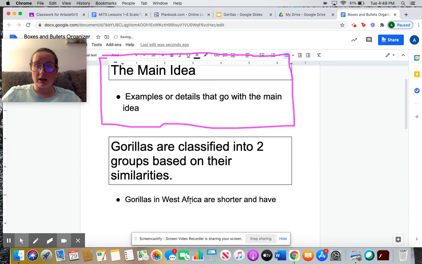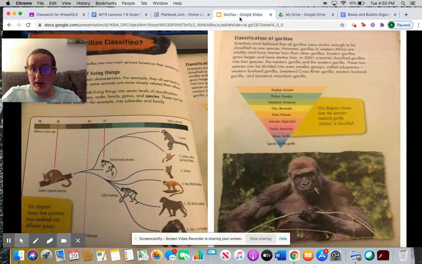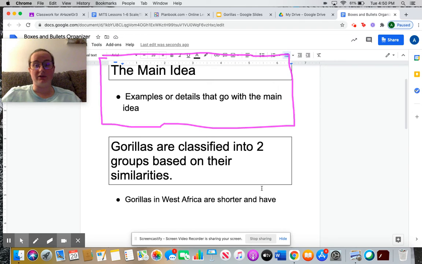Shorter and have. And if we have to go back, that's fine. They have shorter hair. They're smaller and have shorter hair than gorillas in where?